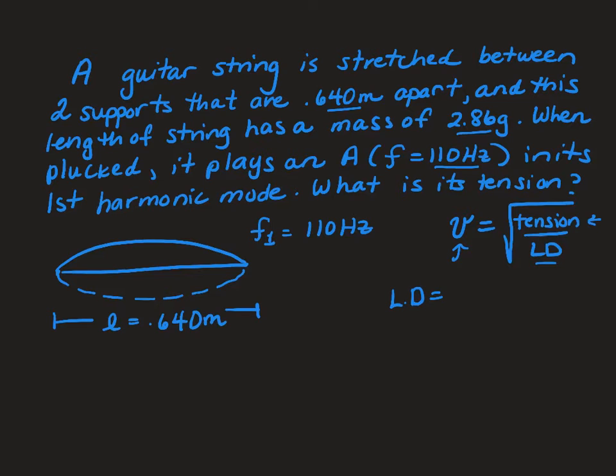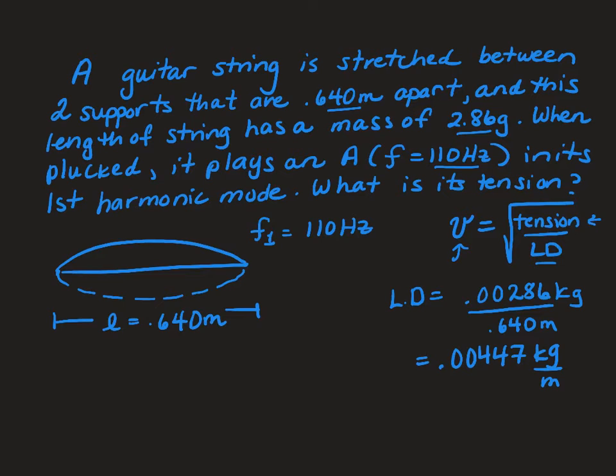So 2.86 grams, I have to divide by 1,000, so that's 0.00286 kilograms divided by 0.640 meters, and I get that my linear density is 286 divided by 0.640, and I get 0.00447 kilograms per meter. I'm going to need that later, so I'm just going to save it.